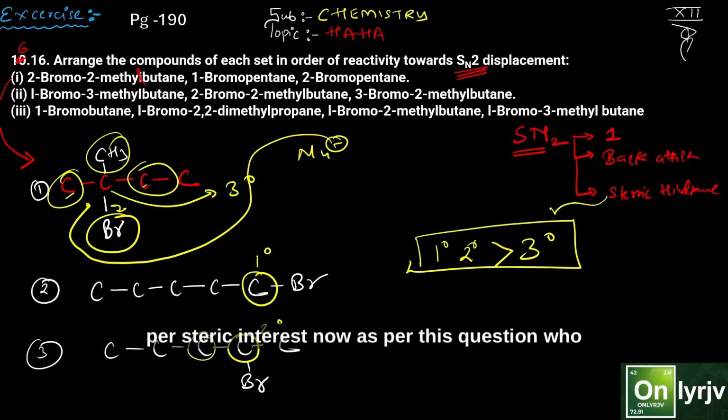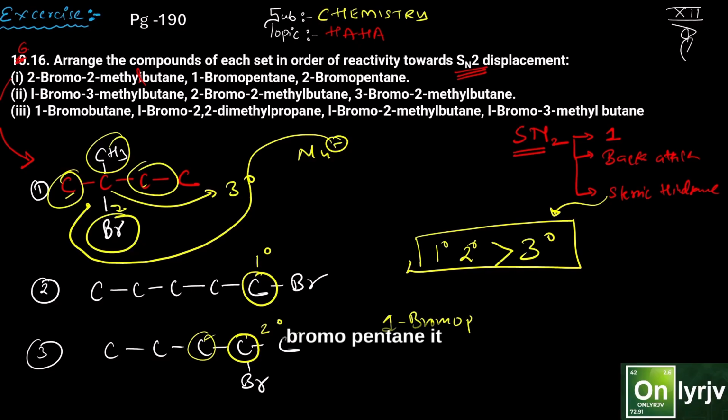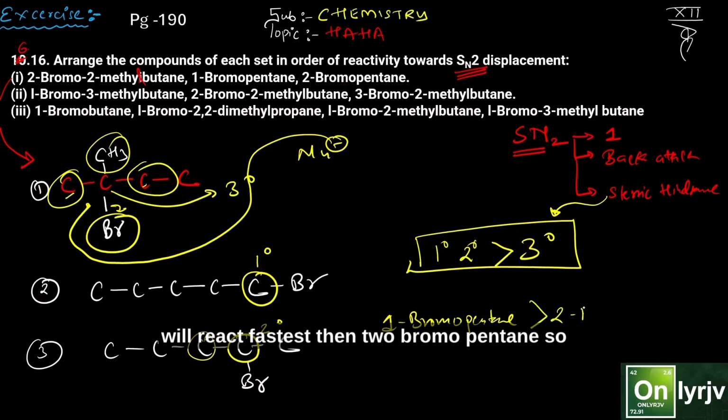As per steric hindrance. Now as per this question, who will come first? Now if you see here, the second carbon, which is 1 bromopentane. 1 bromopentane will react fastest. Then 2 bromopentane. So you have to write in this way.